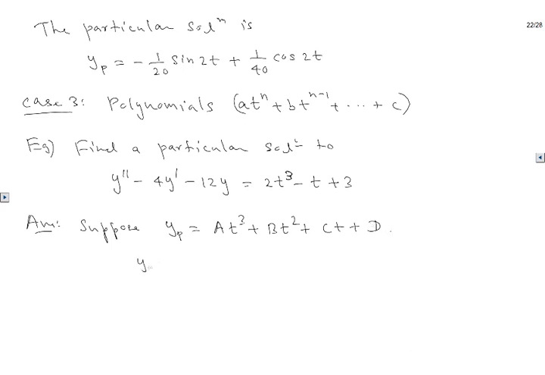So yp prime is 3a t squared plus 2bt plus c. So one term is gone, and then yp double prime, which is 6at plus 2b. That's the highest derivative we need.